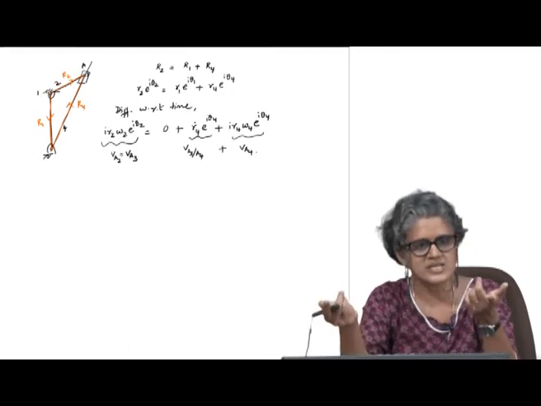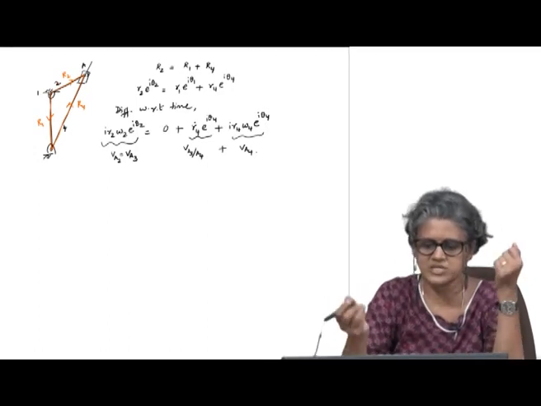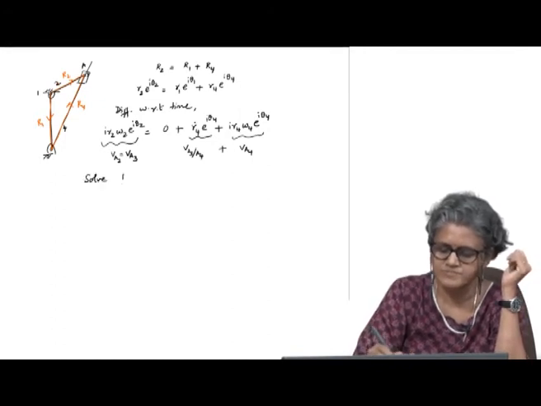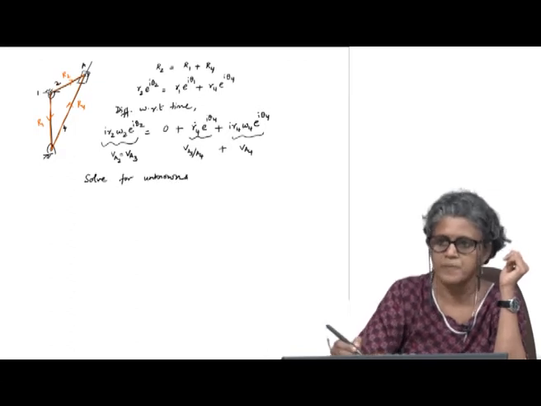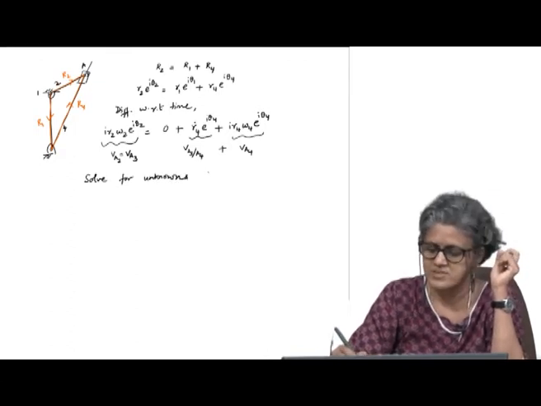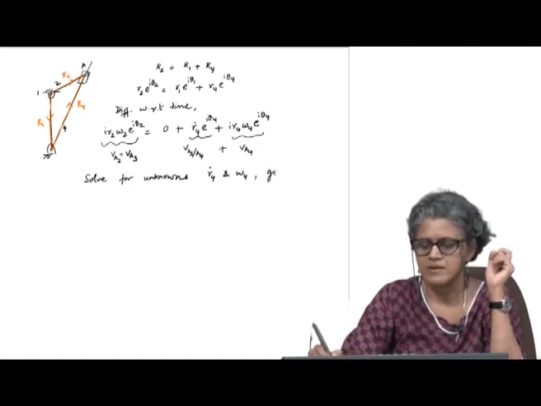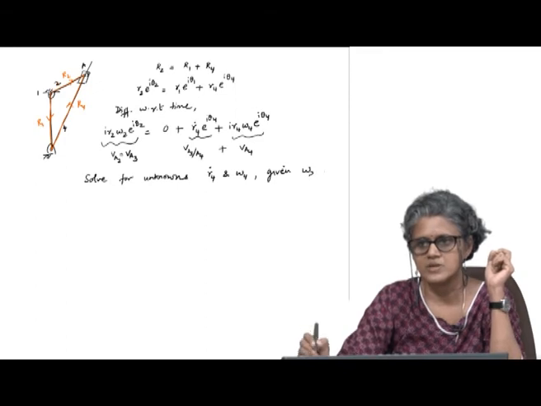Essentially again a vector equation, two unknowns. What would be your unknowns? Slip velocity and omega 4 given omega 2.